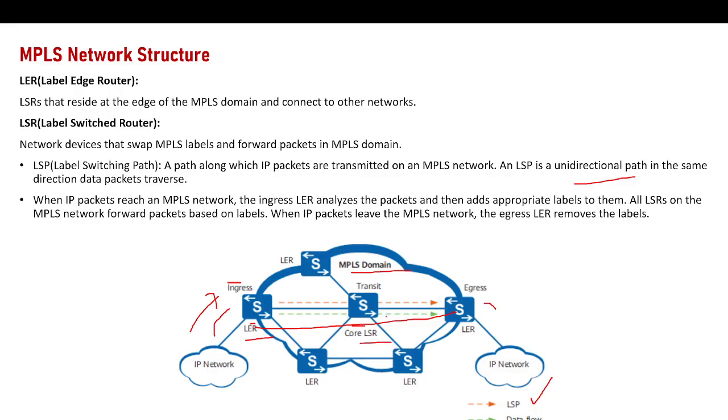The LSR will swap the labels depending on the incoming label. It checks the incoming label and knows that if it gets this label, it needs to forward the packet using that label. Then we have the egress LER, which will remove the labels from the packet. So this is the basic network structure of an MPLS network.